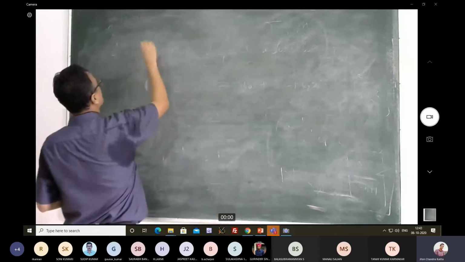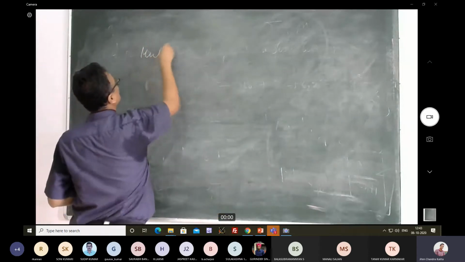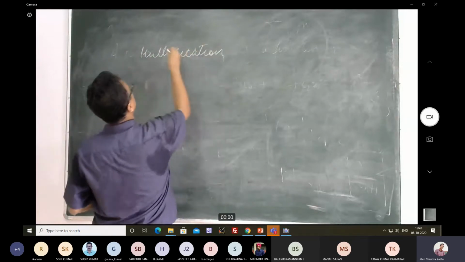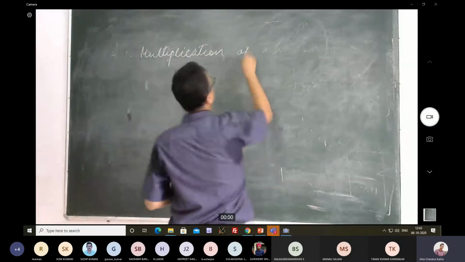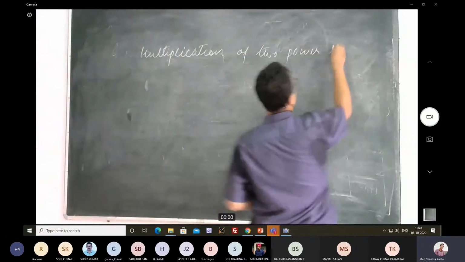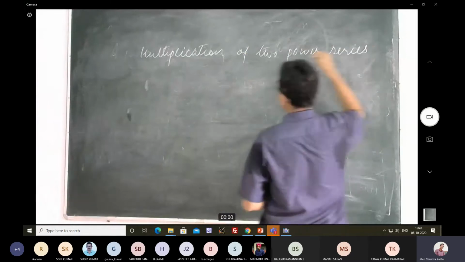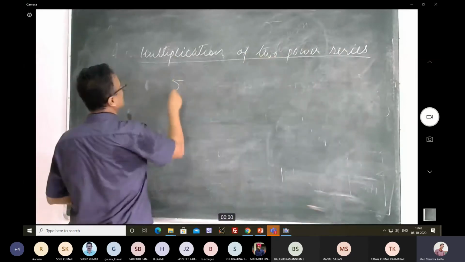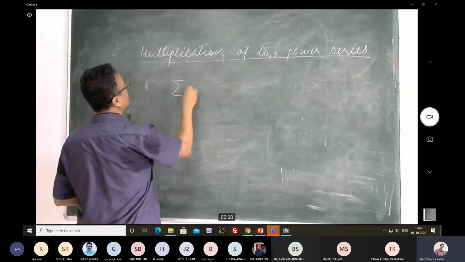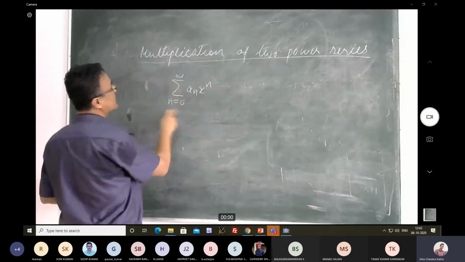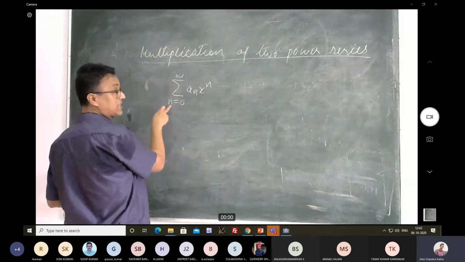So what I'm going to do now is the multiplication of two power series. See the index of this. These are very important, how you manipulate these indices.